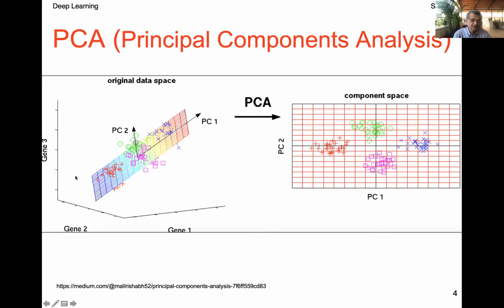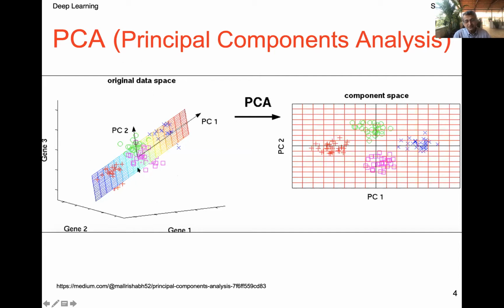It's 3-dimensional data of DNA. There's a particular point here, and there happen to be some classes, maybe corresponding to different categories of species. They're all lying on this particular 2-dimensional plane. They're not all over the 3-dimensional space.